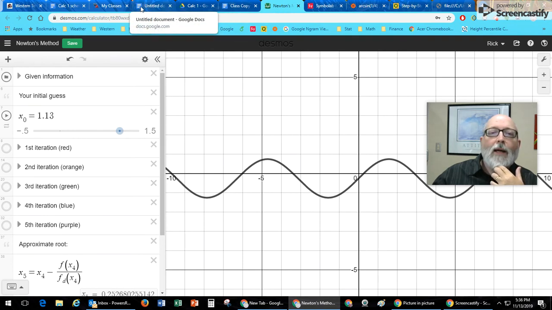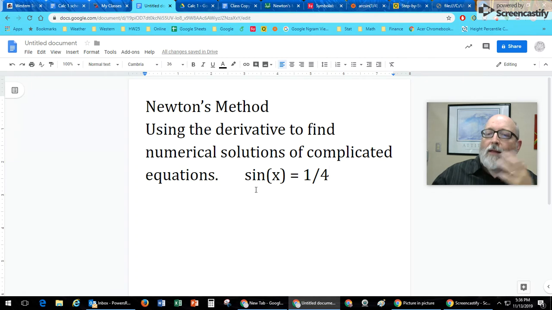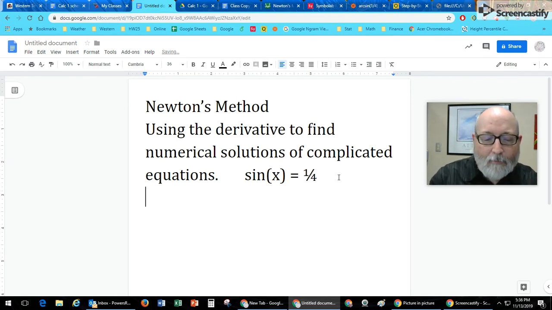Well, first of all, going back here, if I say that the sine of x is equal to 1/4, then I can actually rephrase that as being the sine of x minus 1/4 is equal to 0.